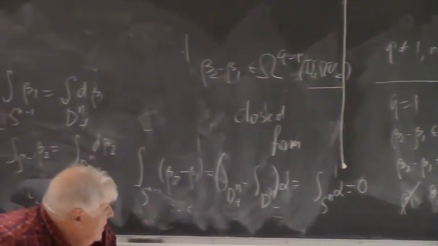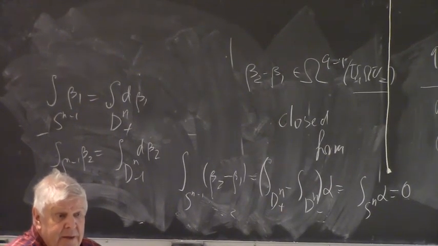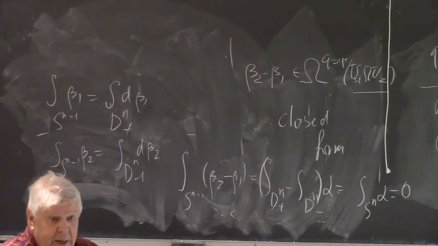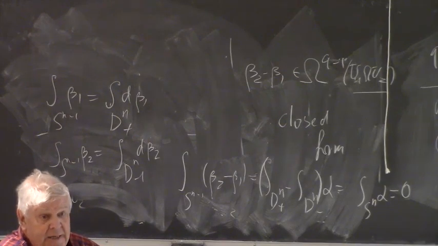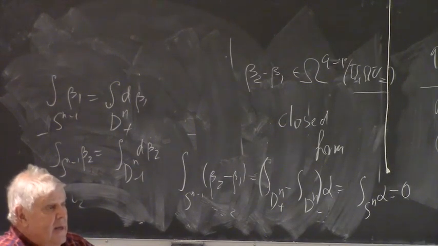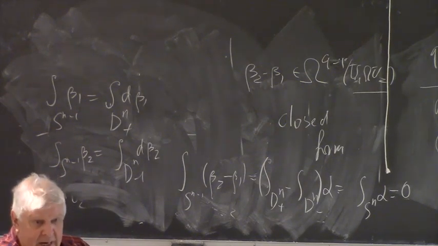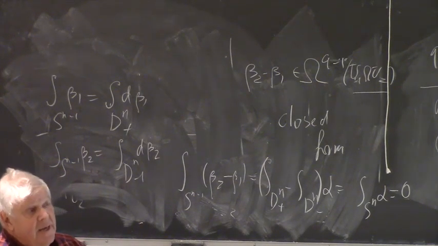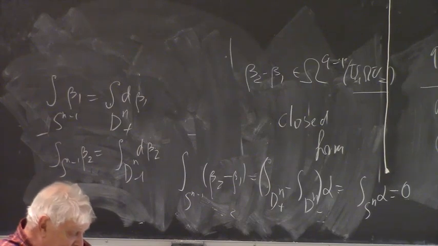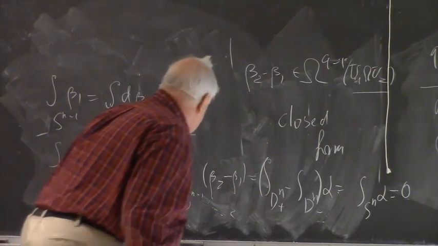So we see that the form beta 2 minus beta 1 has 0 integral if its degree is n minus 1. And hence, again, it is exact according to our induction hypothesis. So, always exact. Exact means that it is a differential of some form. Very definitely.